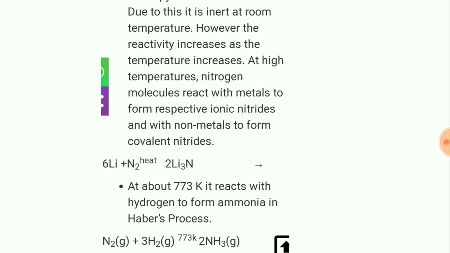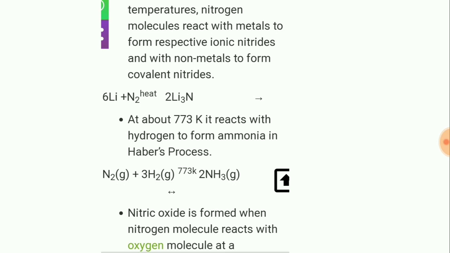At about 773 Kelvin, it reacts with hydrogen to form ammonia in Haber's process: nitrogen plus hydrogen gives ammonia.